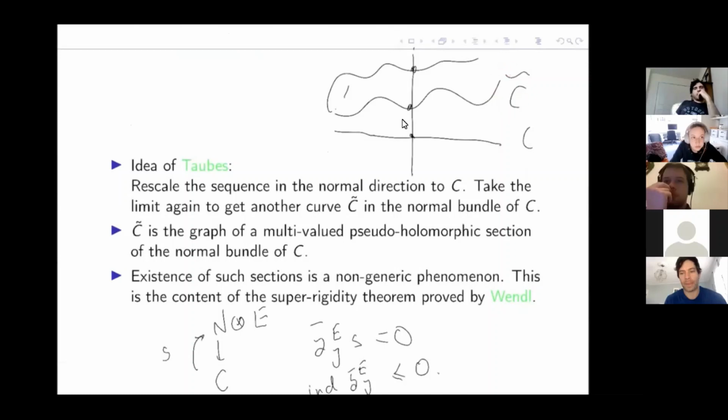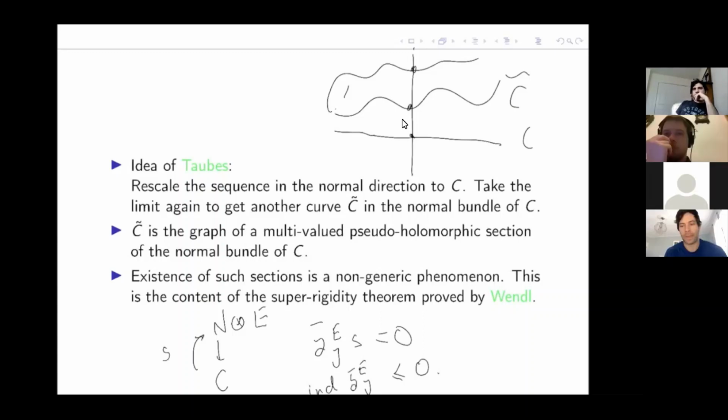We just need it to be an image of a section of the normal bundle. So this section, a multi-valued image. So we don't actually need it to be smooth. I guess if it's an image of a genuine section of the normal bundle, it's going to be smooth because it's going to be a graph. But if it's a multi-valued graph, we don't necessarily know it's smooth. Okay, thank you.